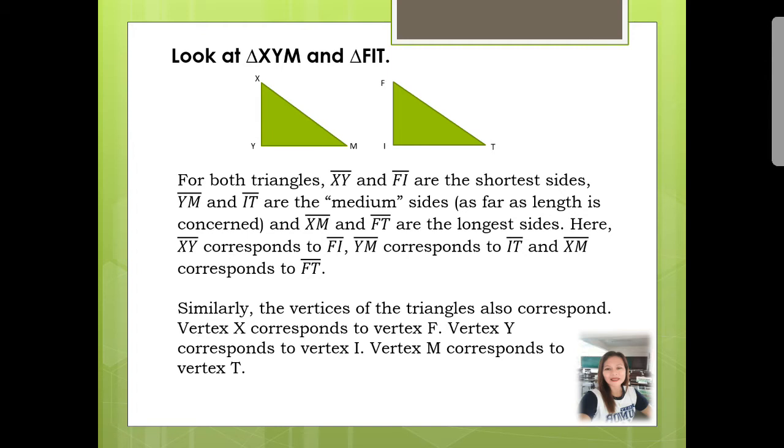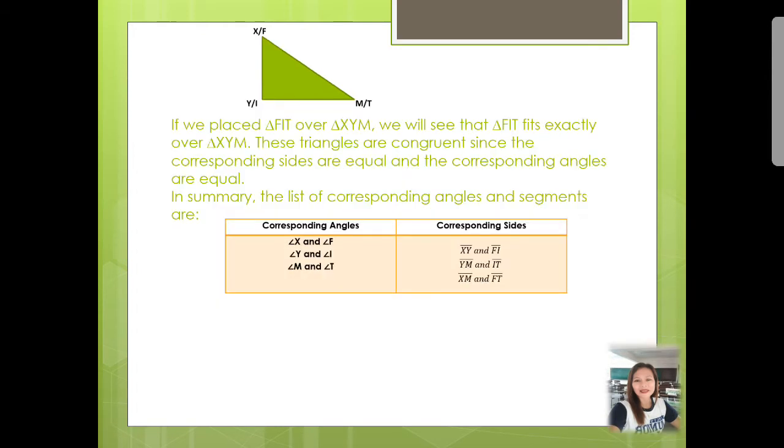Similarly, the vertices of the triangles also correspond. Vertex X corresponds to vertex F. Vertex Y corresponds to vertex I. And vertex M corresponds to vertex T. So if we overlap the two given triangles, if we place triangle FIT over triangle XYM, we will see that triangle FIT fits exactly over triangle XYM.